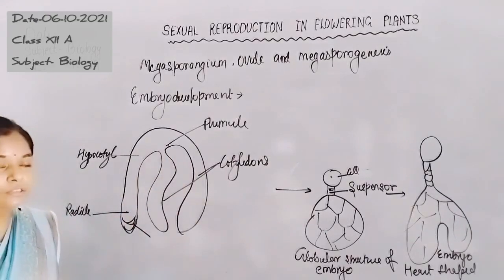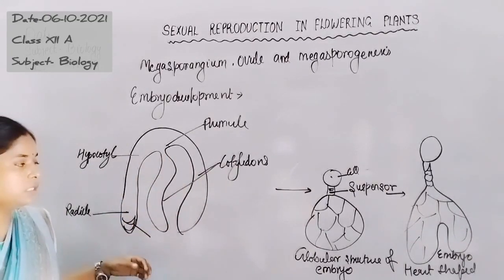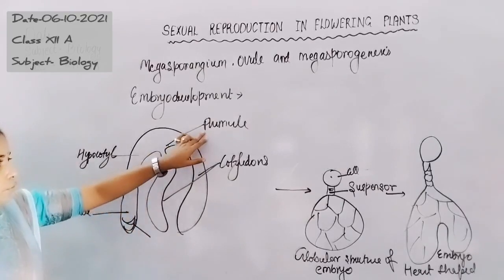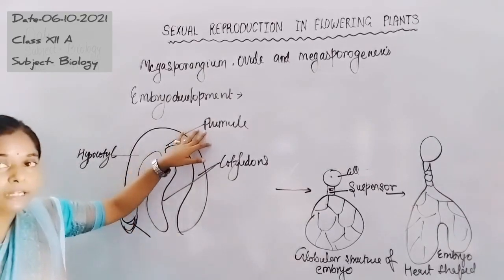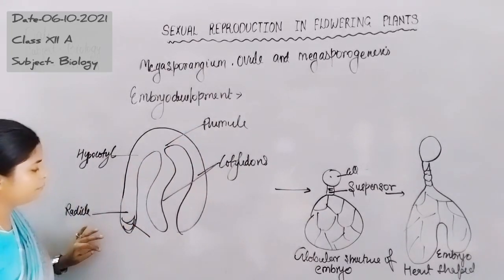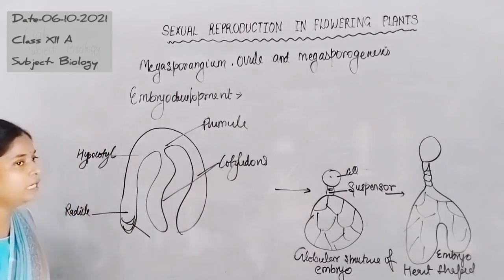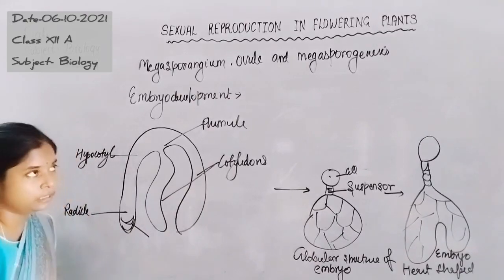The plumule gives rise to the shoot because it has the shoot apical meristem. From the plumule, the development of the shoot takes place. From the radicle, the development of the roots takes place. The hypocotyl helps in reaching sunlight.